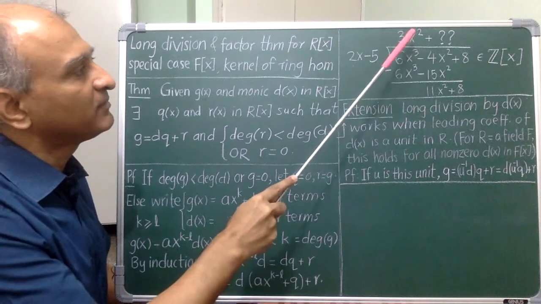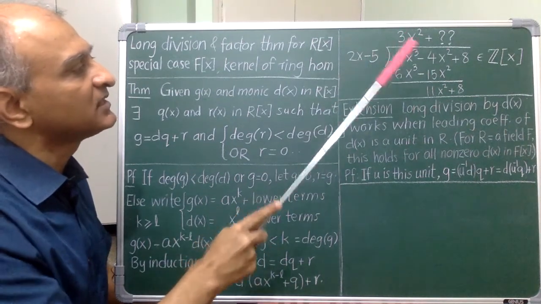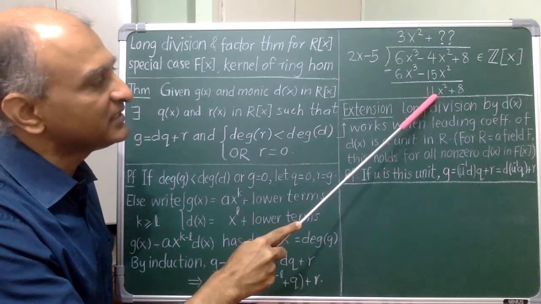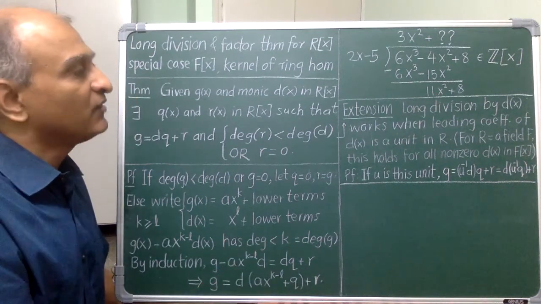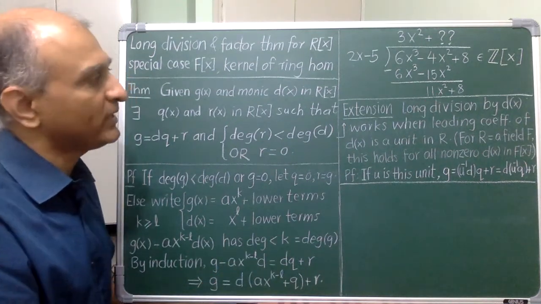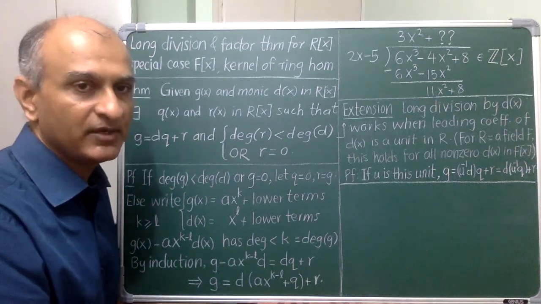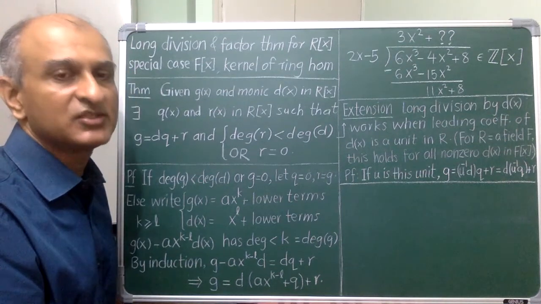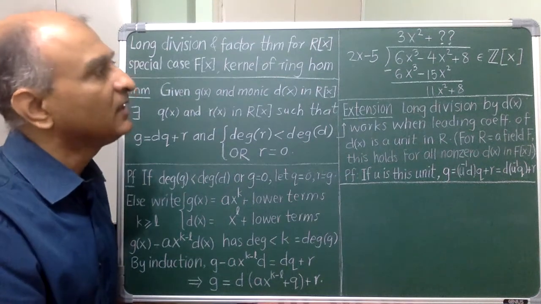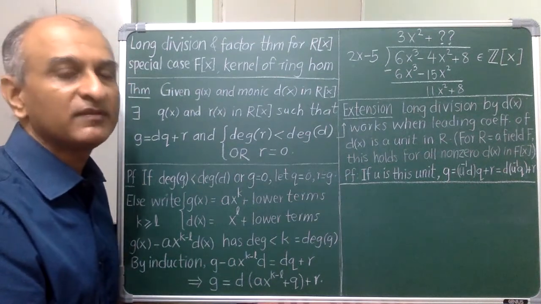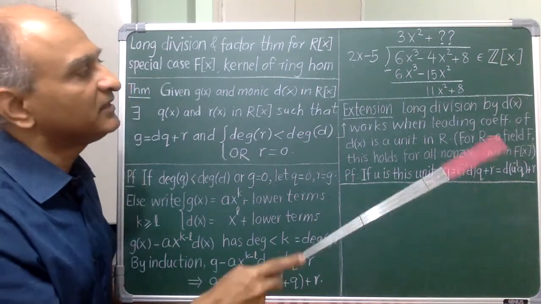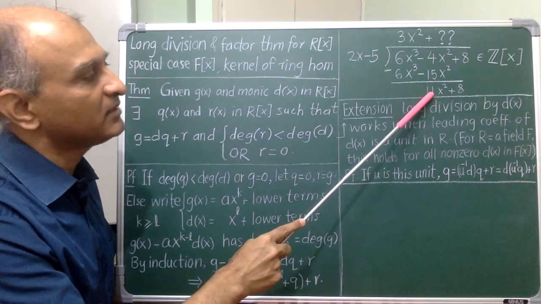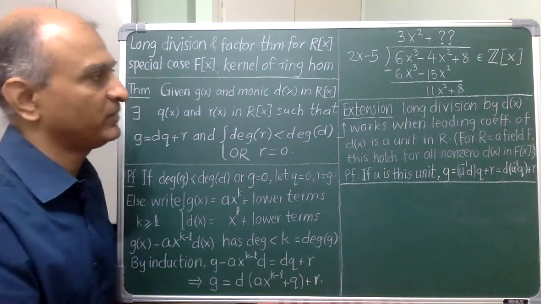But after multiplying all of this, I am left with the next leading term 11x squared, which I can no longer divide by 2x because 11 is not divisible by 2. You can also make this into a proof that long division is not possible over here. But if I am willing to work with rational coefficients, then there is no problem in continuing from here because now half is available to me.